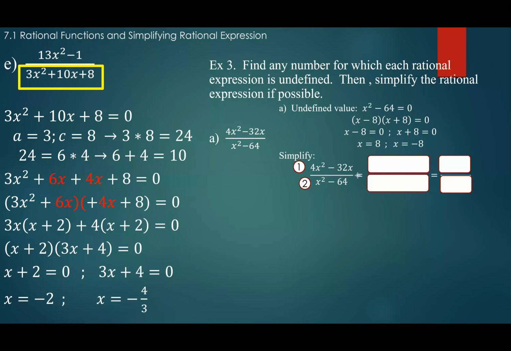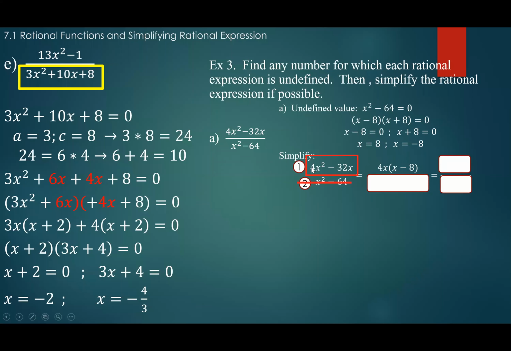Can you factor anything out? That's the question you need to ask yourself: on my numerator, can I factor this out? Is there a common item, a GCF? And hopefully you say, yes, Mr. Tran, the 4 and an x.